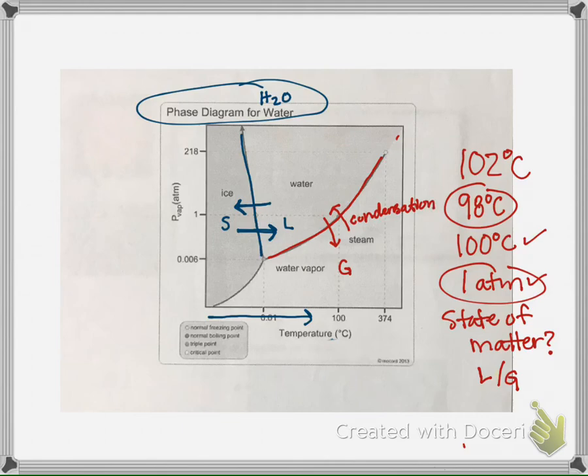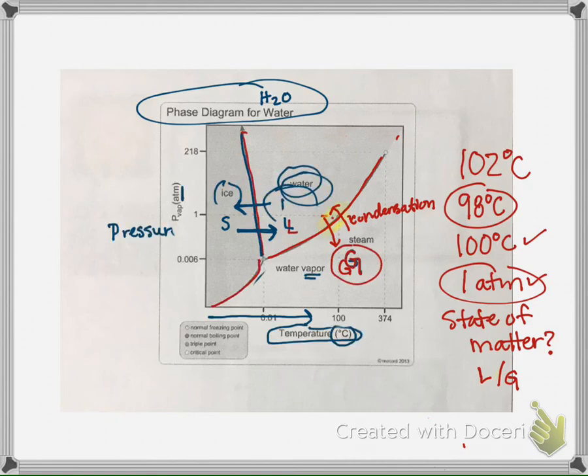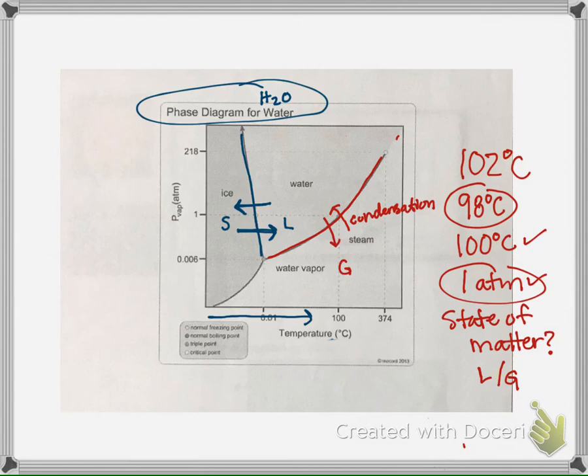And then the opposing, liquid to gas, would be vaporization. So you can see how this phase diagram works: vaporization would be going liquid to gas, this would be condensation. You can have one of these phase diagrams for any substance, not just water. And like I said earlier, the phase diagrams can look different depending on the substance.